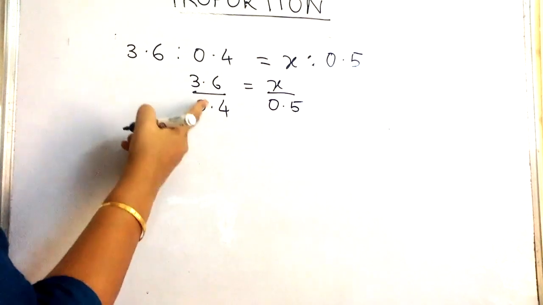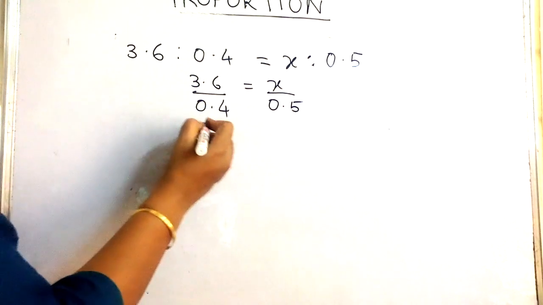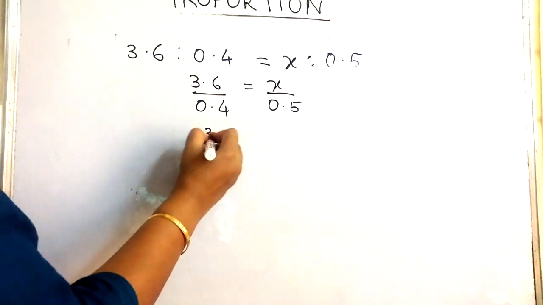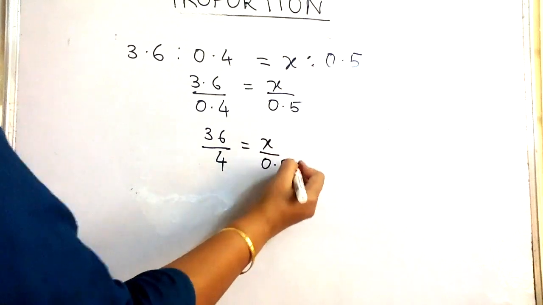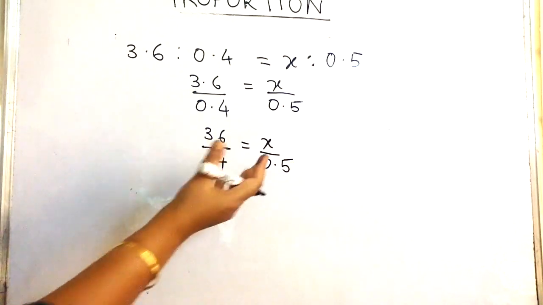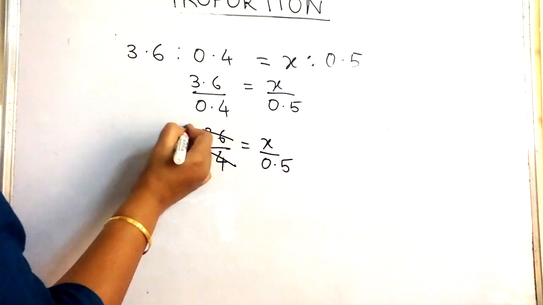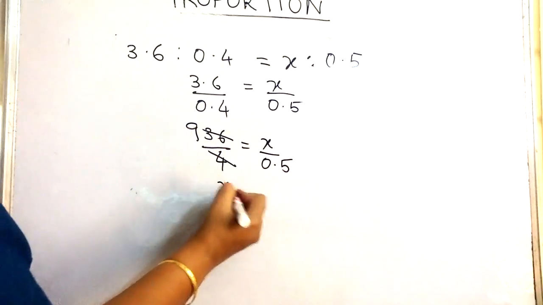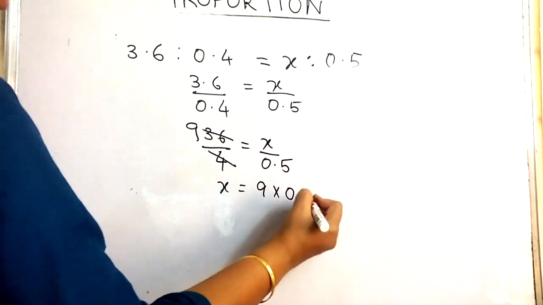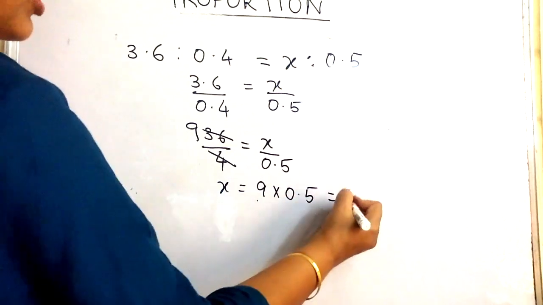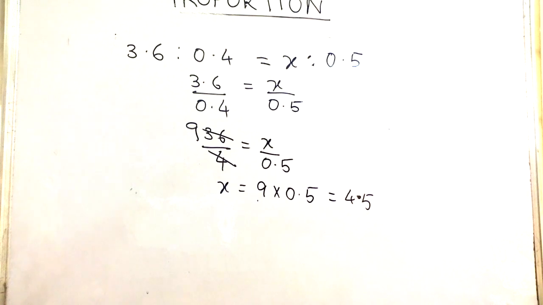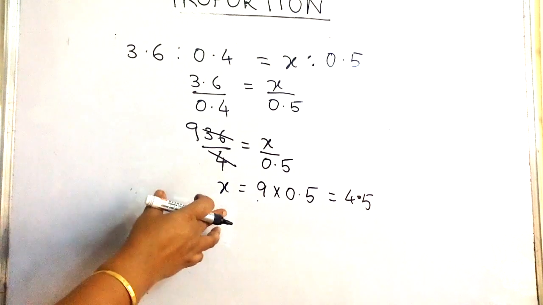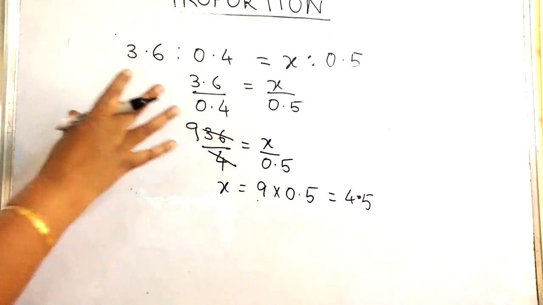Remember, if I multiply above, I have to multiply below also in the denominator. When I multiply with 10, the point goes and I get 36 by 4 is equal to x by 0.5. There is one point remaining still. Let's see how we can manage it. This one I can cancel, it makes a 9. So x is equal to 9 into 0.5, which is, first I do 45 and then I place the point here. So x is equal to 4.5. This is how we can find the value of x in decimal numbers.